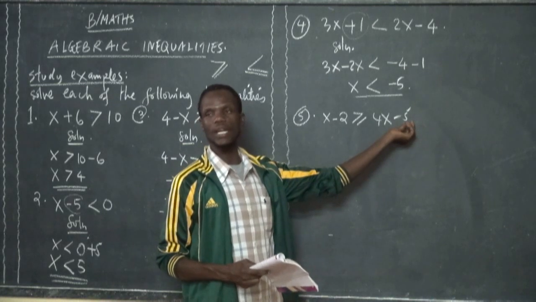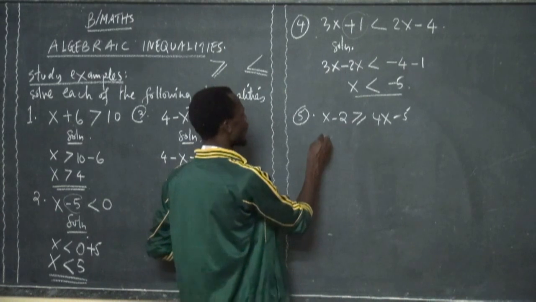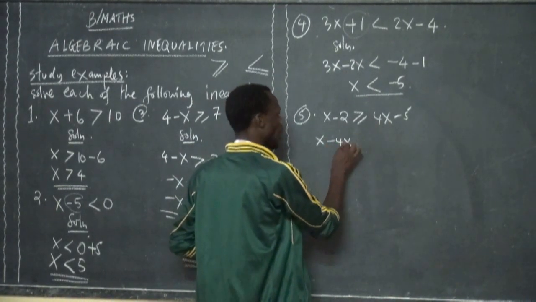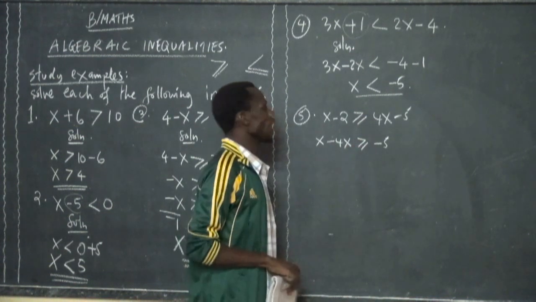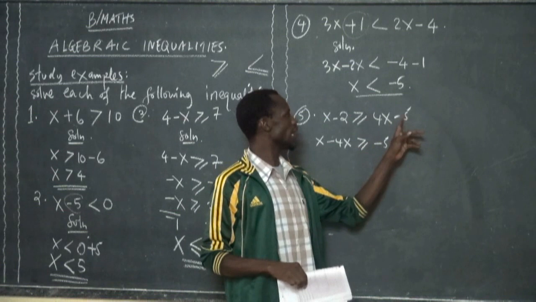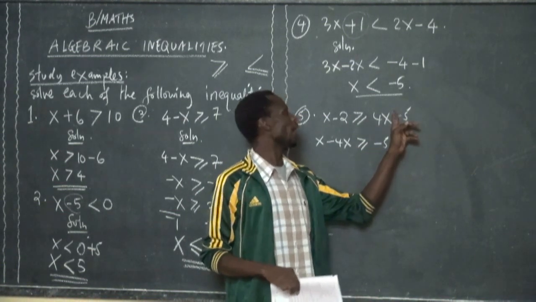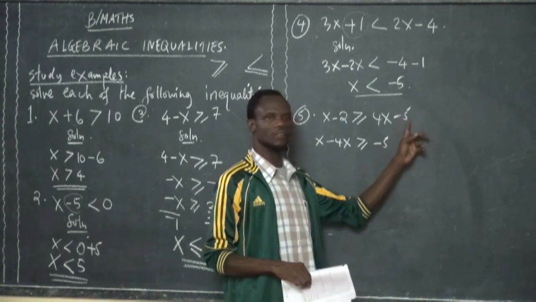We are just collecting the like terms. Now we have x, this was positive, now minus 4x, is it greater or equal, to negative 5. Don't write it like 5, because the sign behind the 5 there is negative. Now, that's why I've written this negative 5.